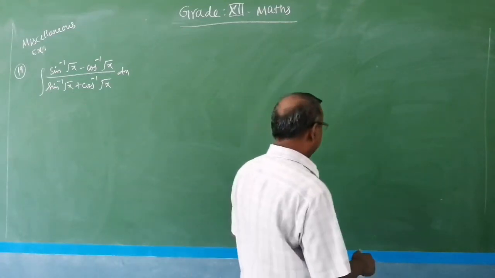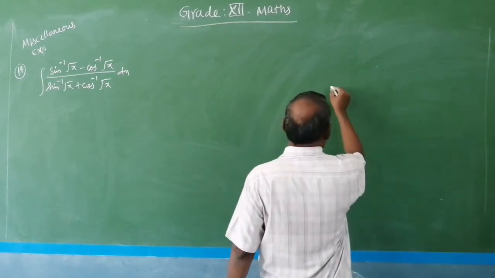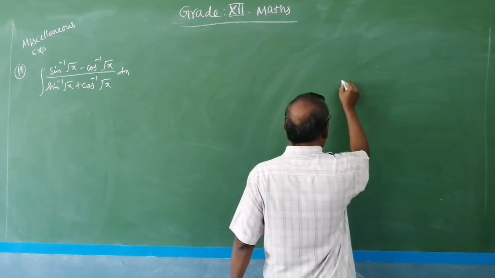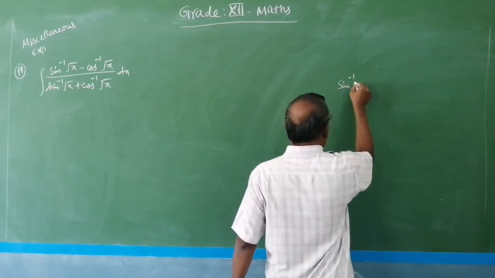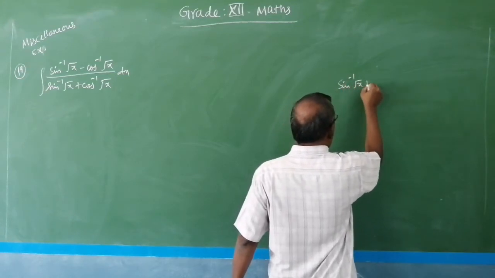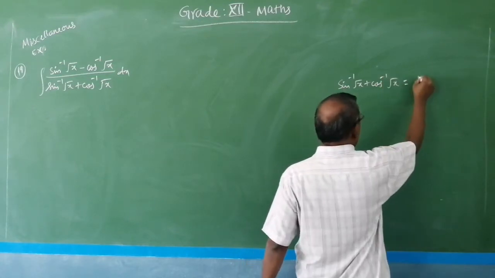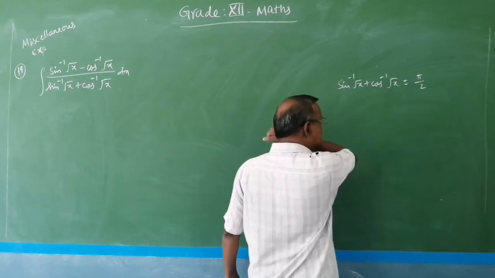In the second chapter, there is a property, that will be discussed later. Now just to learn that sin inverse of something plus cos inverse of the same thing is equal to pi by 2.